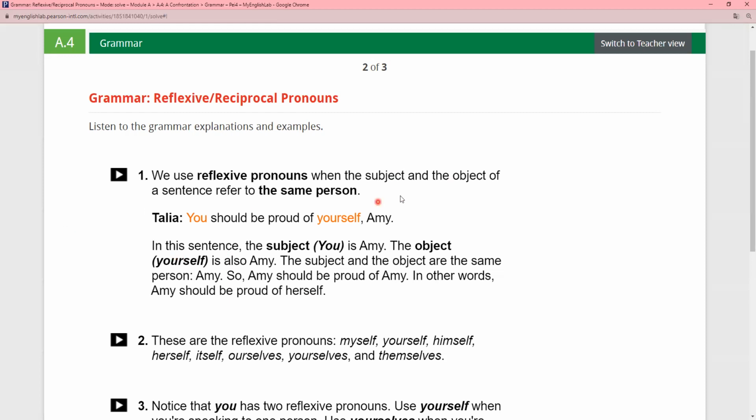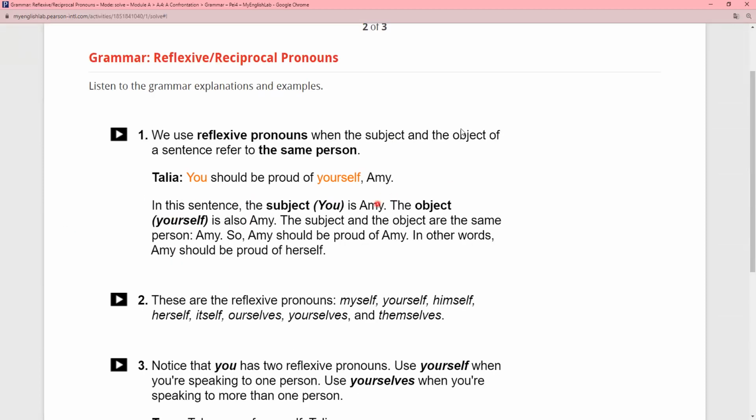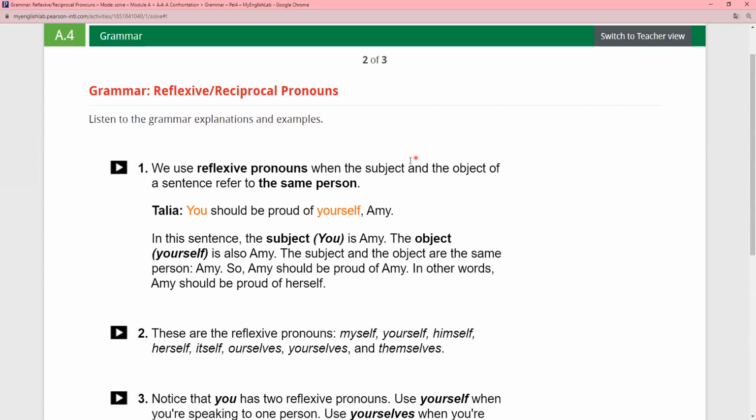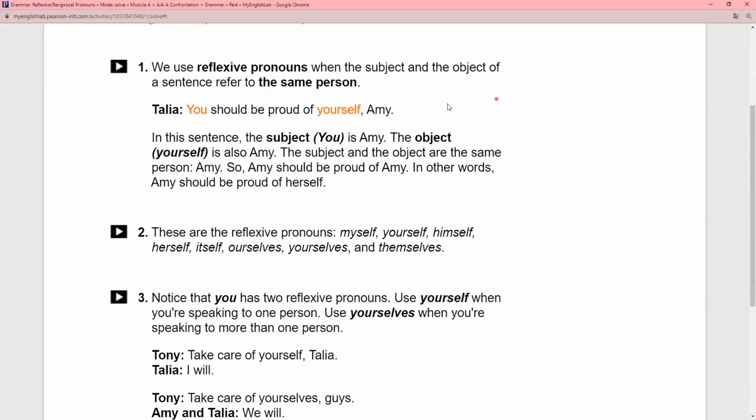In other words, Amy should be proud of herself. You need to love yourself, for example. It's like if I'm saying Carla should love Carla, but instead of that, I say yourself.